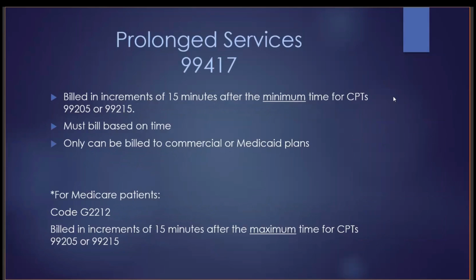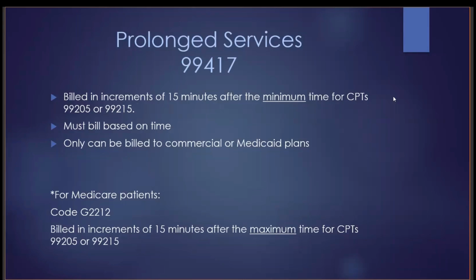there was a prolonged services code created, which is 99417. This is billed in increments of 15 minutes. For your commercial and Medicaid plans, that is 15 minutes from the minimum time requirement for 99215 or 99205. So that's 60 minutes for your new patient or 40 minutes for an established patient. If you go 15 minutes over that, then you can add on this prolonged service code.